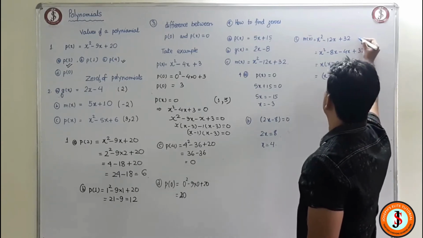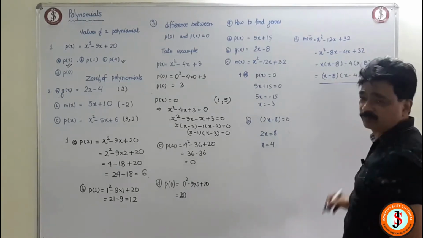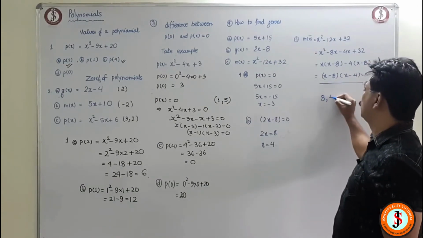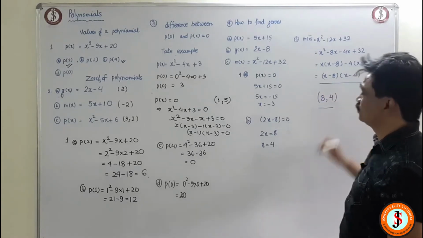Now this should be 0 when? If you put x is equal to 8, or if you put x is equal to 4. So you get the zeros of this.